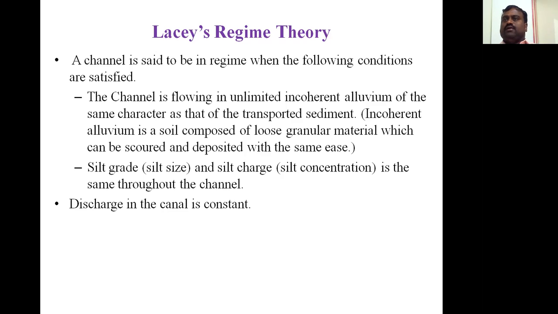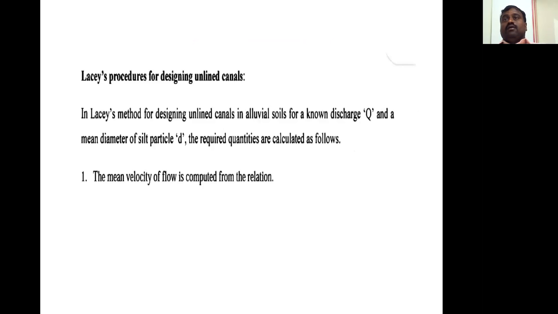So it takes a long period to attain the final state of regime. Now moving to the design part, let us go through the design procedure of Lacey's theory. When the value of Q is defined and the mean diameter of silt particle D is given.